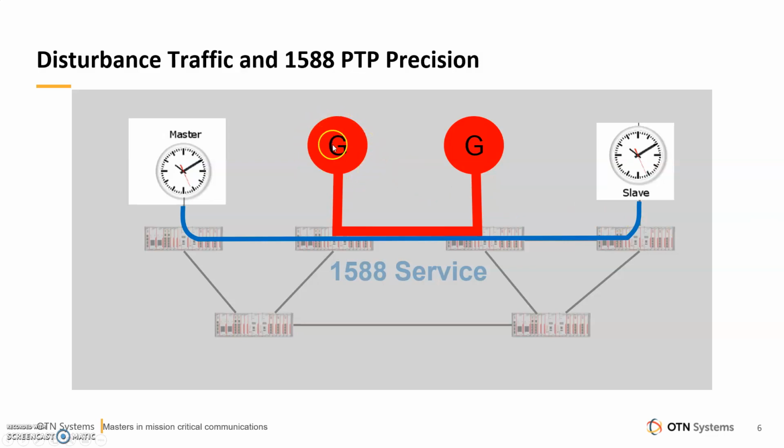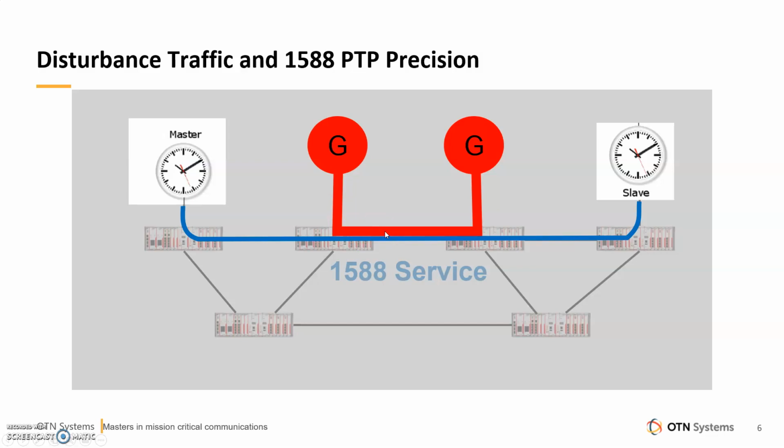The traffic generator is going to inject a fairly large amount of larger frames in this hop right there, and the idea is to create a certain amount of disturbance. The 1588 service will have higher priority, but 1588 packets trying to egress on this specific port are not necessarily competing against the lower priority disturbance traffic.